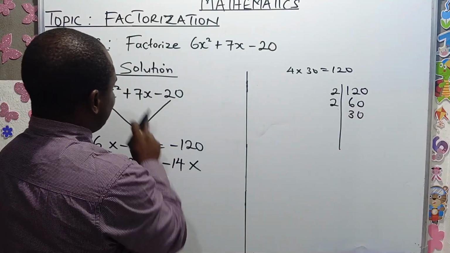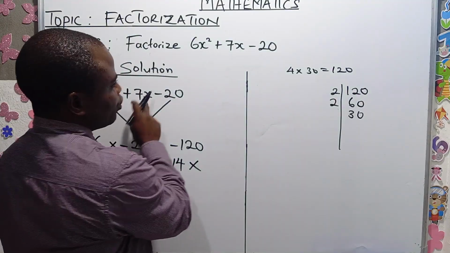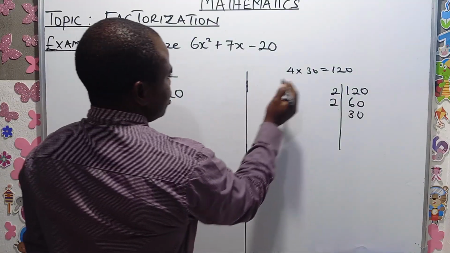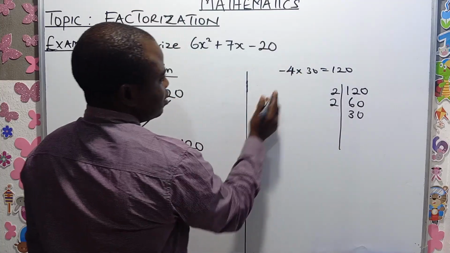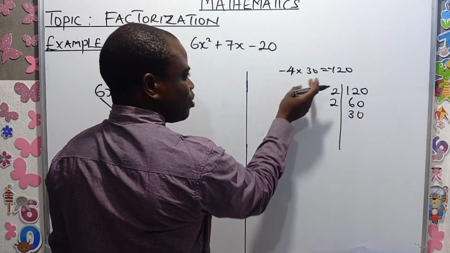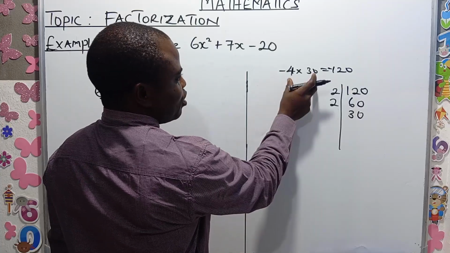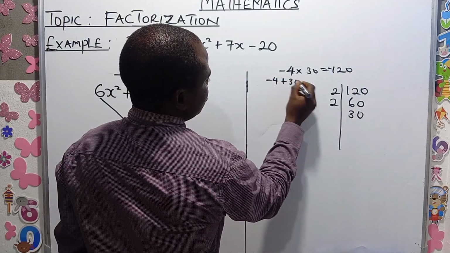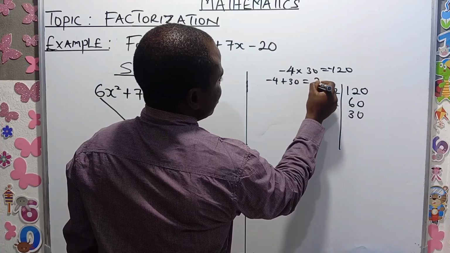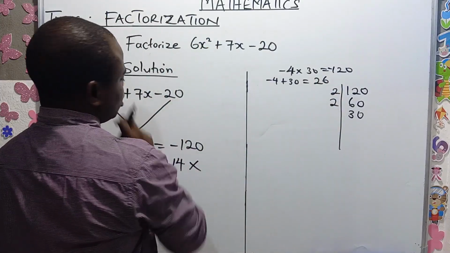Since you have a positive sign as the coefficient of x, the lowest number will have the negative sign, so that will give us minus 120. Let's see whether the numbers, when you add them together, will give you plus 7: minus 4 plus 30. You can see it will give you 26, which doesn't go.